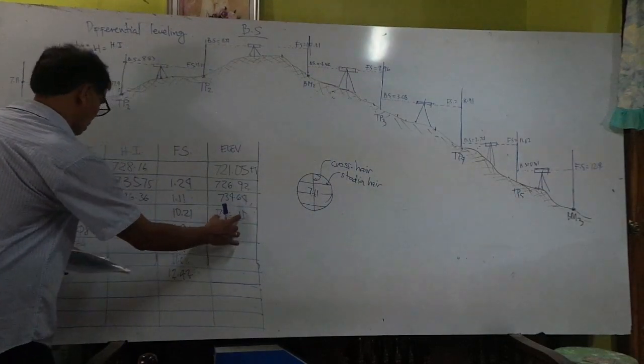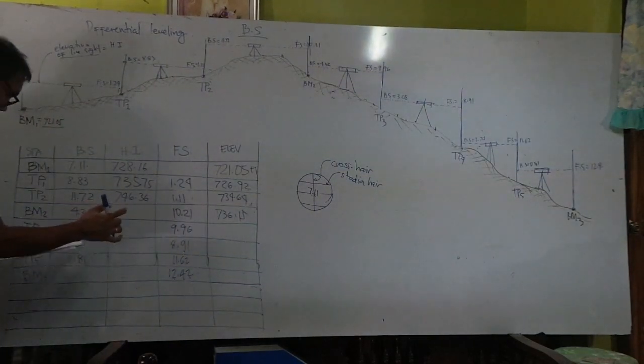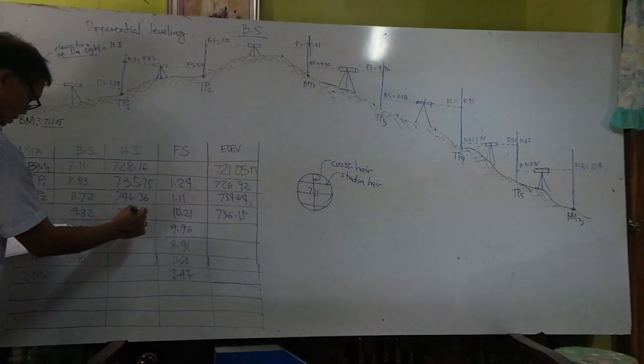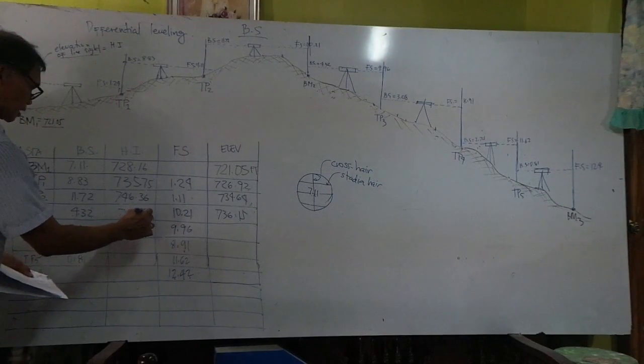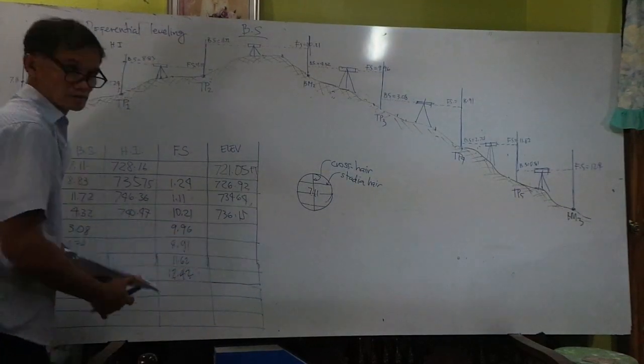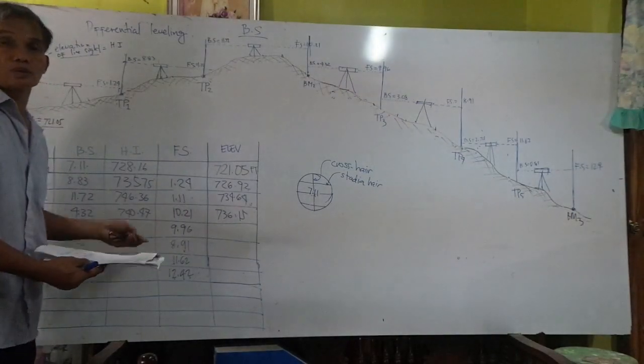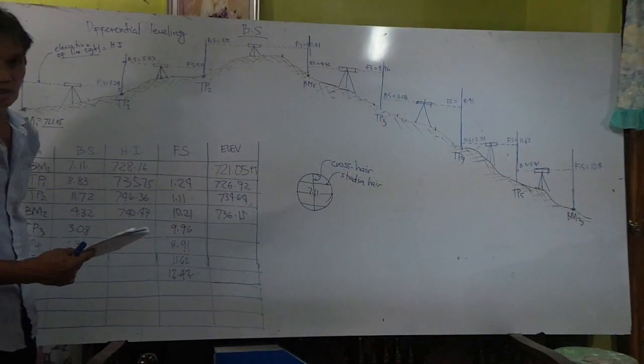Then you add this, so you will have 740.47, and so on and so forth. Just look at the notes for computing the office work.